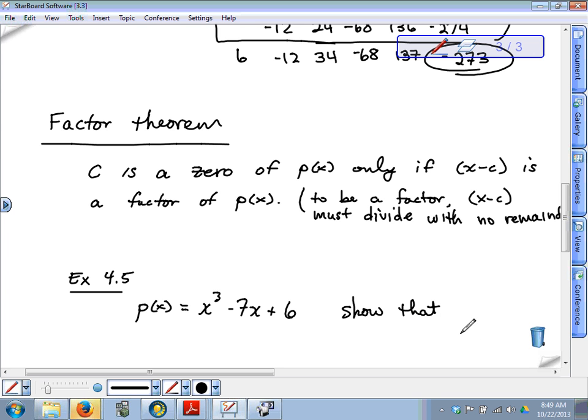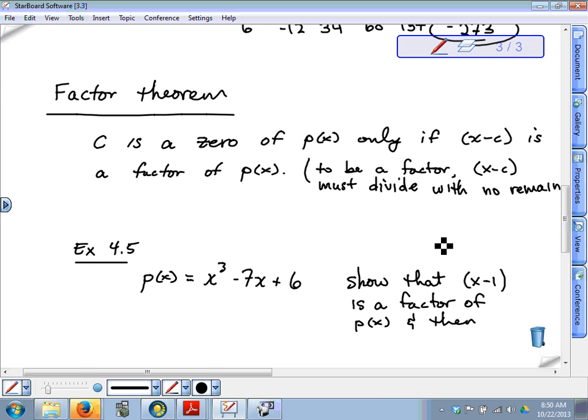Show that x minus 1 is a factor of p of x, and then find all the zeros.